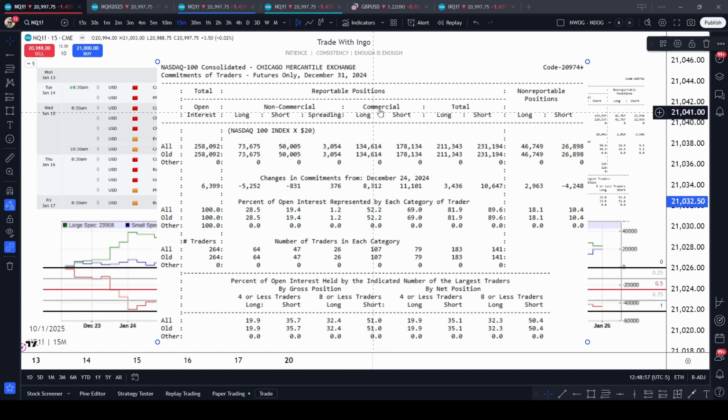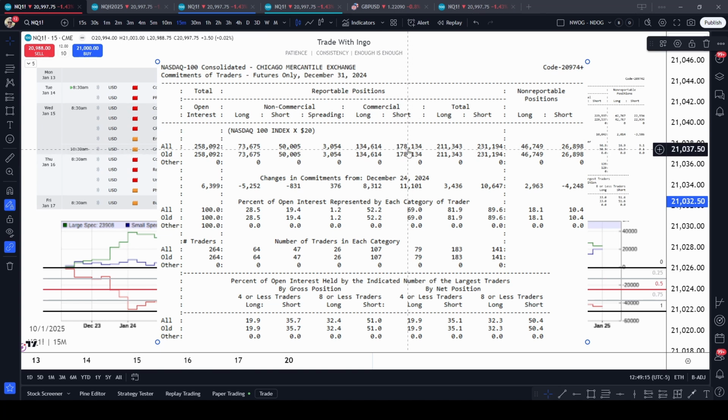Commercials are mainly on the right side, and non-commercials represent retail traders, and they are mostly on the wrong side. As you can see here, they are net long, commercials net short.